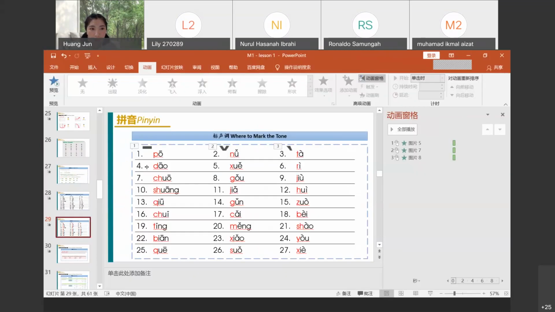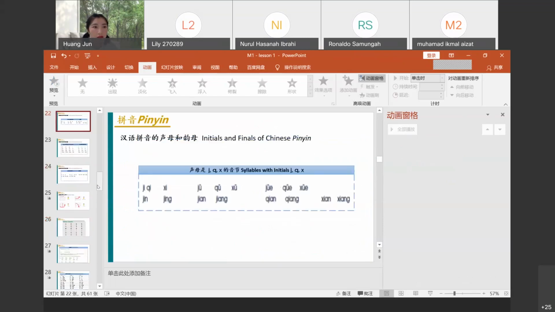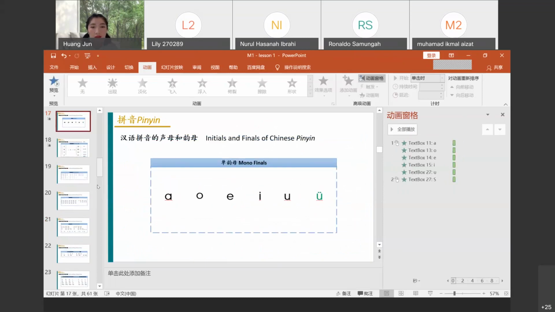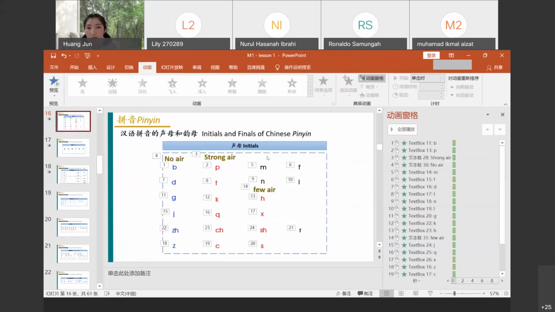So when you check over here, initials only appear in this slide when I'm showing you. They are initials. These letters are supposed to be initials, but only when they are put at the beginning of the syllable.